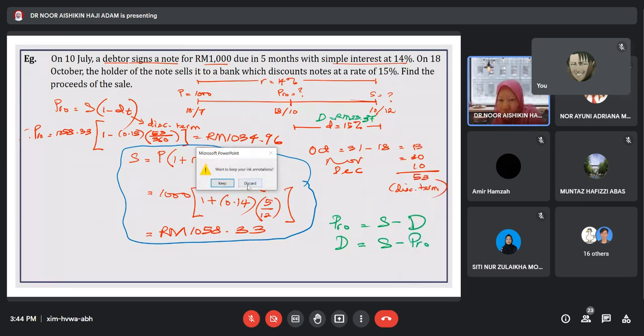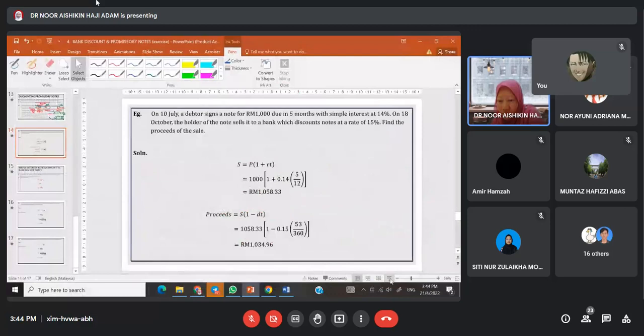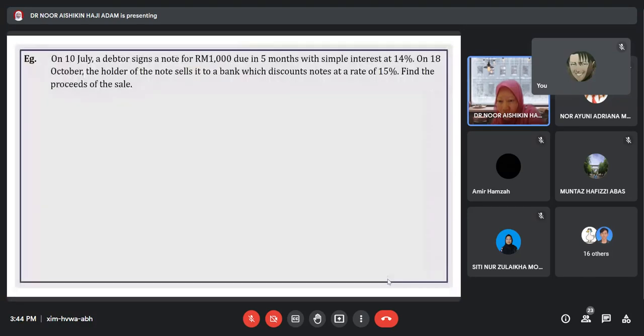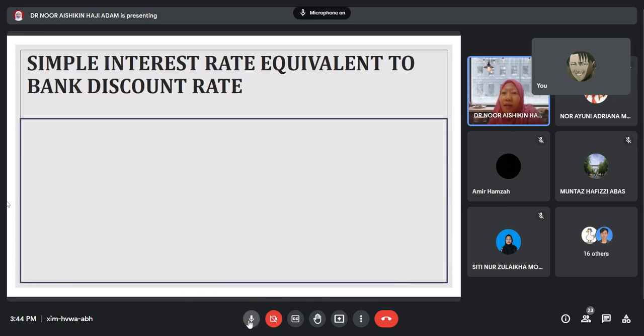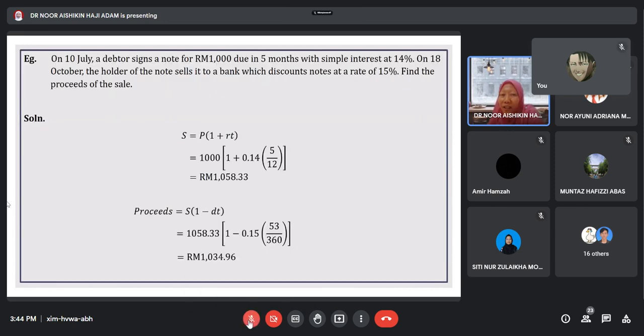Okay, let's kita padam semua tu. Apa yang kita dapat tadi? And that's the proceeds. Okay, kelas? Ni tak nak cerita lagi.